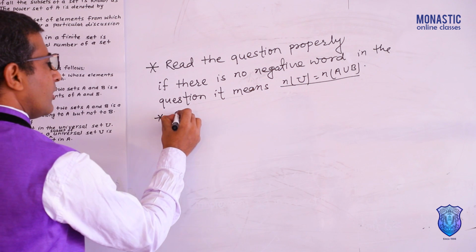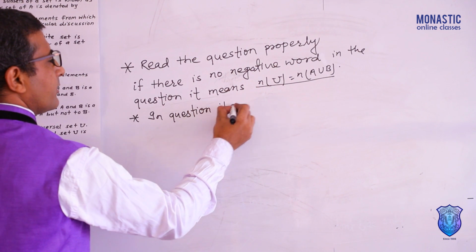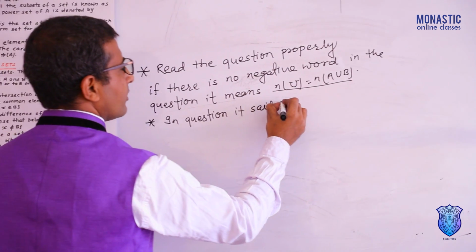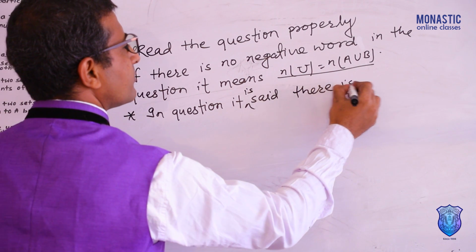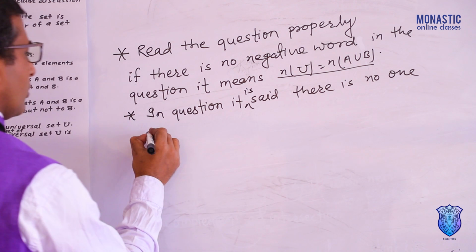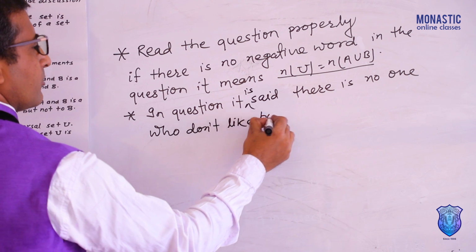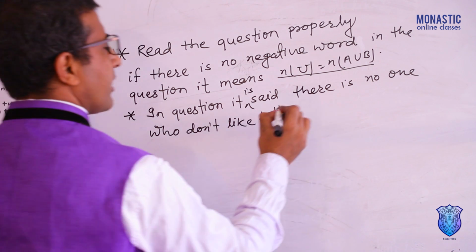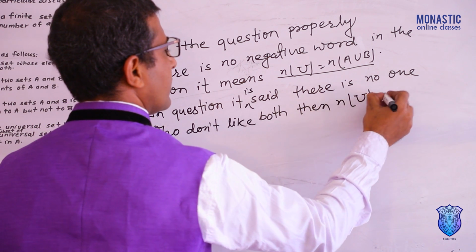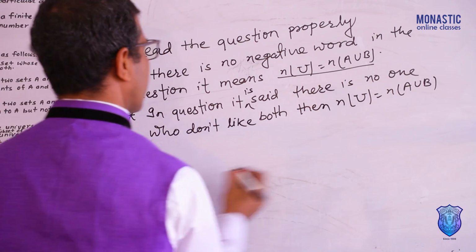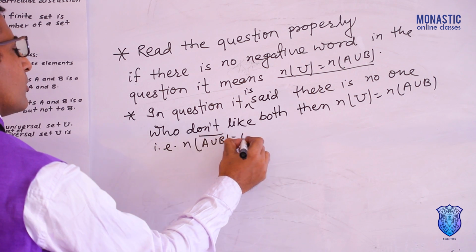Or if in the question it is said there is no one who doesn't like both, then the number of universal equals the number of A union B, that is, the number of complement of A union B is equal to 0.